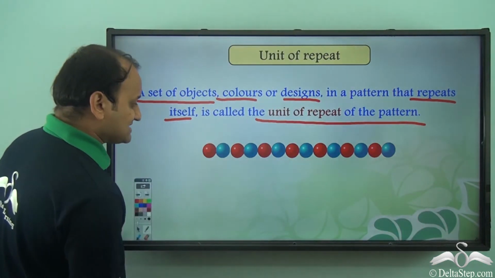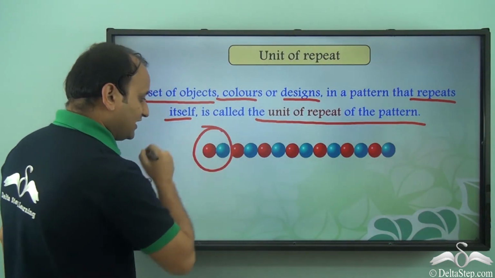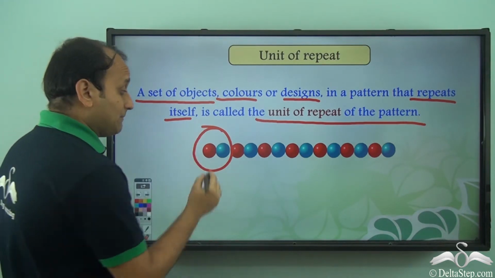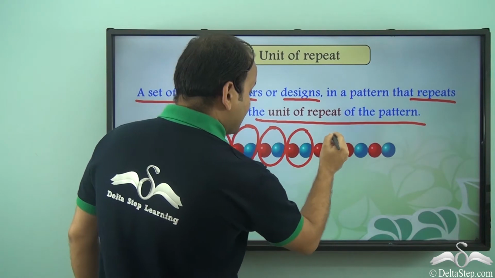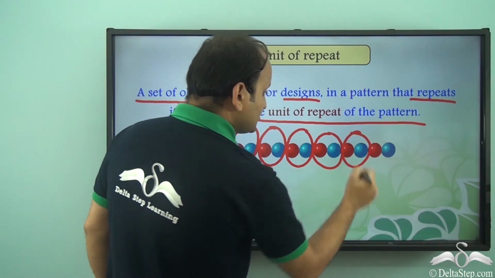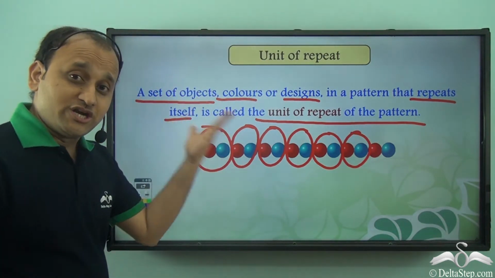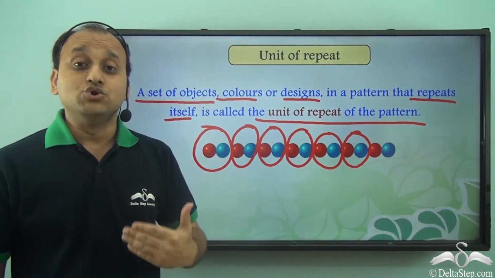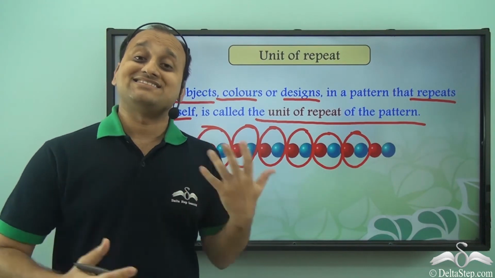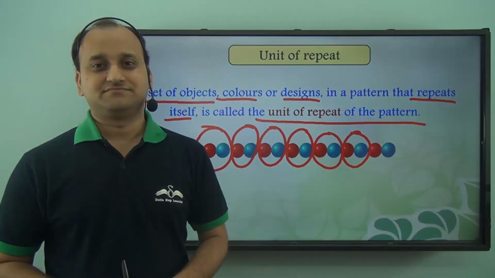So in this case, this particular unit is the unit of repeat because it is repeating itself again and again. So this is what we call a unit of repeat, and only when you can identify unit of repeat, you can complete or extend a pattern.